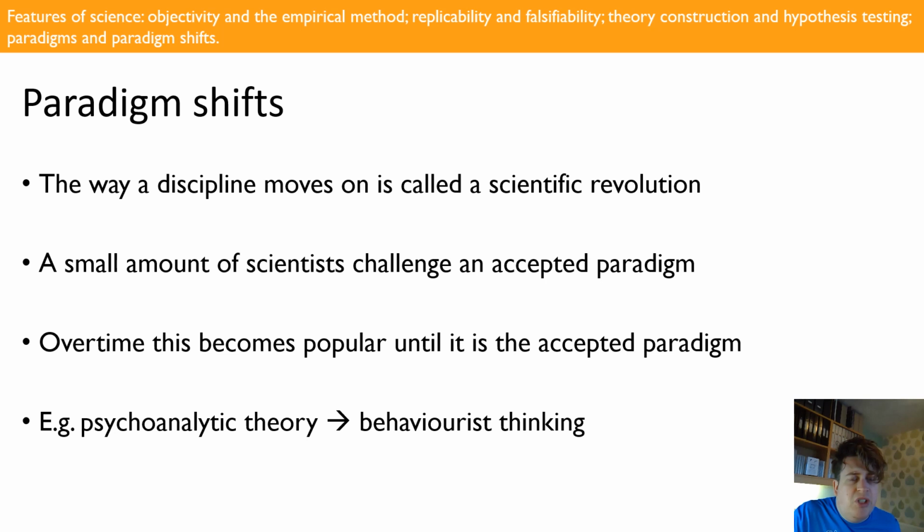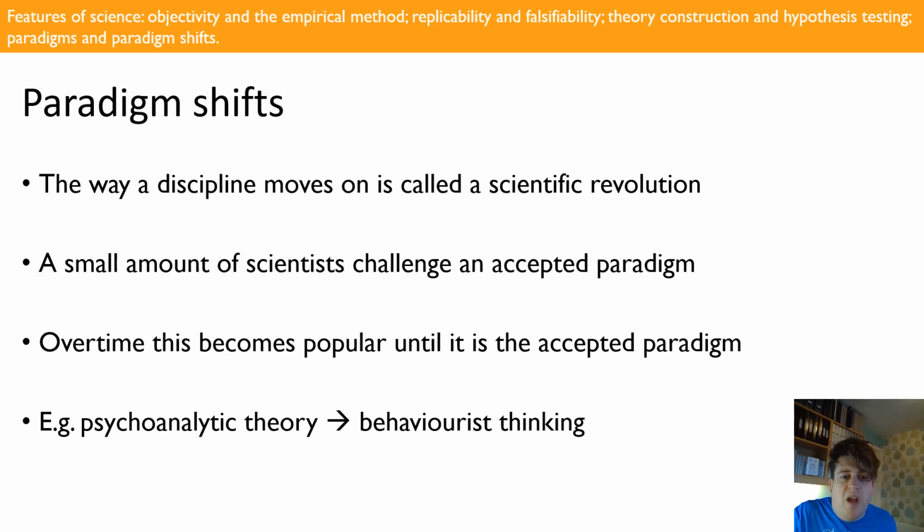So they started challenging this idea, and then eventually behaviourism kind of took over as the main area of psychology and the main way of thinking at that time. So that could be seen as a paradigm shift. Another one in biology, for example, is when Darwin's theory of natural selection came out, and that completely changed the way that biologists thought about how the world worked.